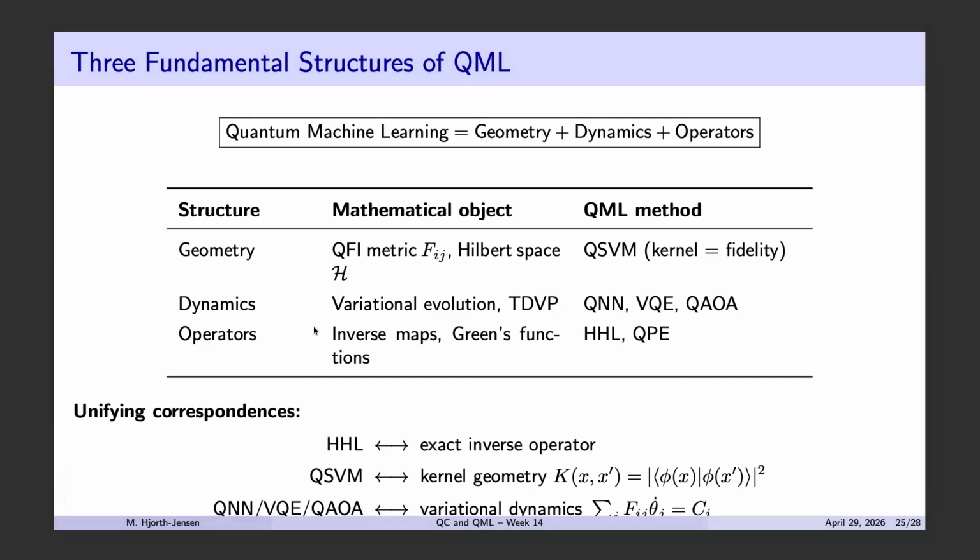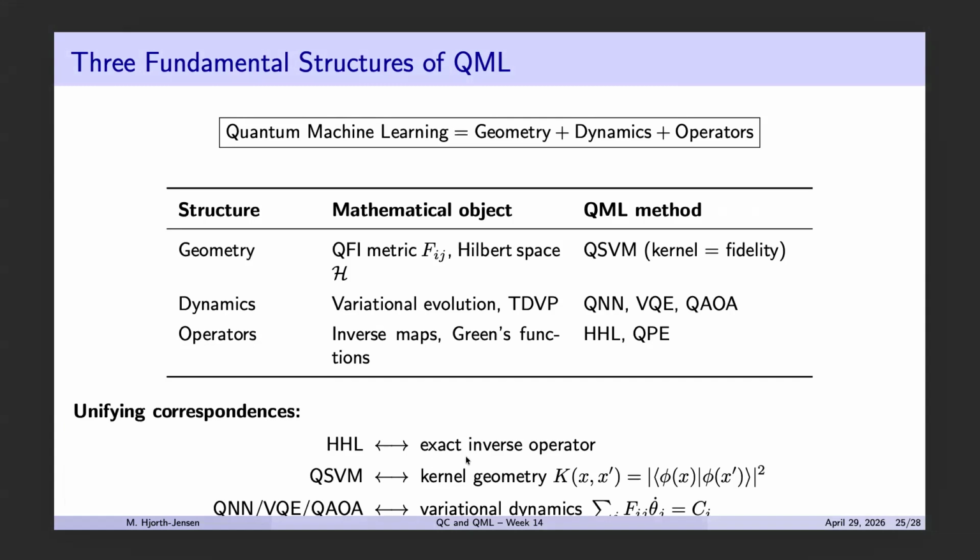And if we think of the other methods which we have looked at, the HHL and the quantum phase estimation, this is actually something which goes through inverse quantum Fourier transforms. We would normally call these methods based on inverse mappings.